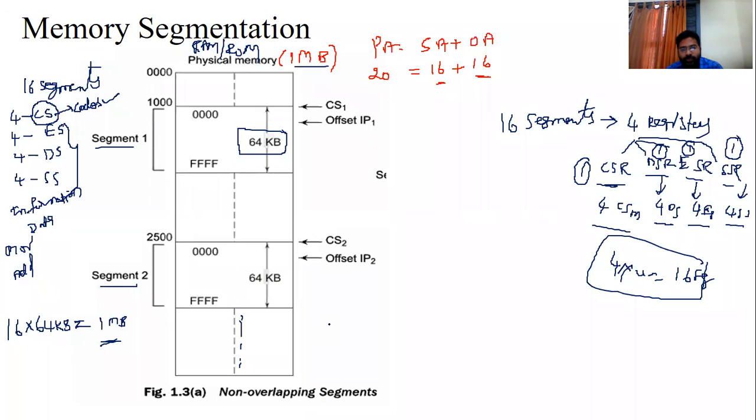Where does this segmented memory start? It starts at 0, 0, 0, 0 to F, F, F, F H. Sorry, this is 0, 0, 0, 0. Okay.